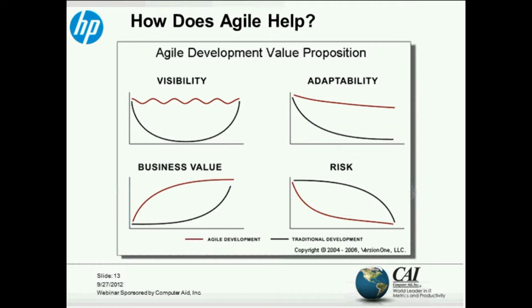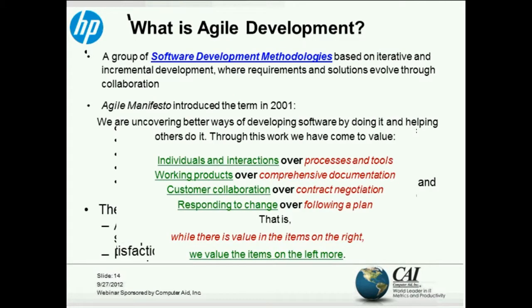And how does it provide that? We'll look at that in a minute, but Agile Development was originally created or envisioned through what was generated as the Agile Manifesto. The Agile Manifesto was generated in 2001 when a group of forward thinkers, if you will, got together and identified that things weren't working in the way that software was being developed.